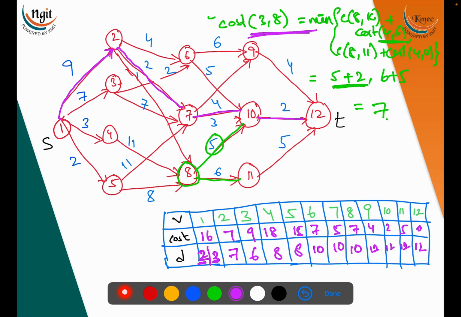And the other path we also got is 1 to 3 and 3 to 7 and 7 to 10 to 12. This is also one of the paths we got. So how do I know that I got this, correct? I have given direct figures, but I'll give more clarity on the way I have chosen this path, from the d values. That's the reason why we mark these d values.